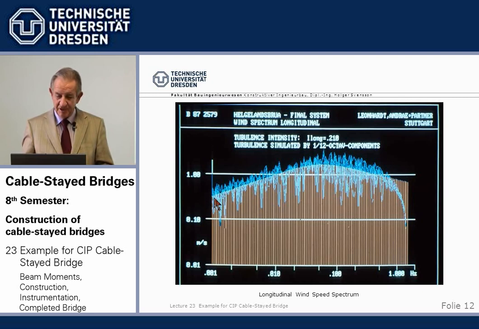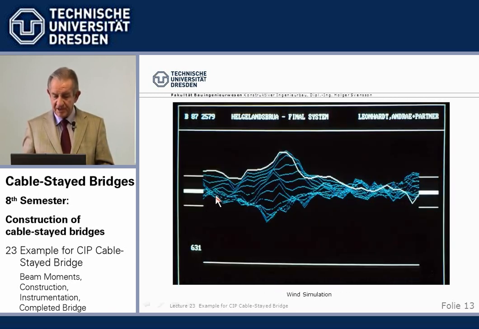Basically, this is how the computer simulates the wind. We see here the basic wind speed, and here with the fluctuations for the turbulency. Then over the length of the bridge, we create a wind climate. These are 0.2 second steps, how the wind changes.